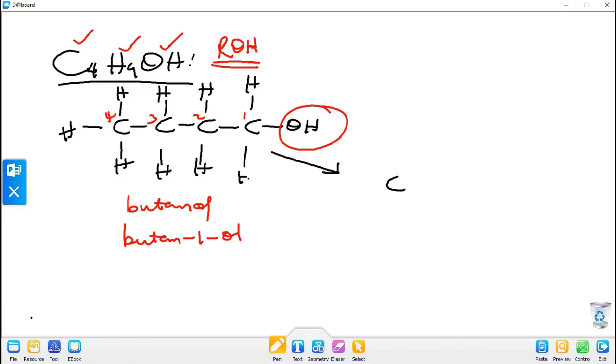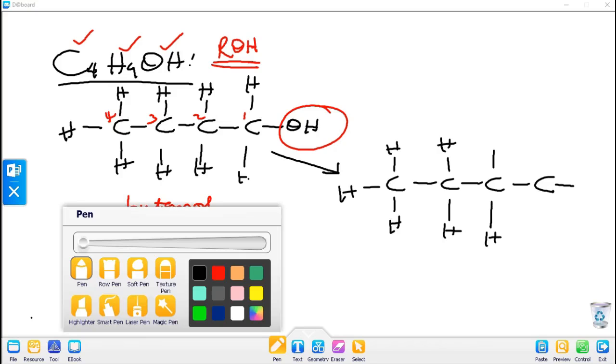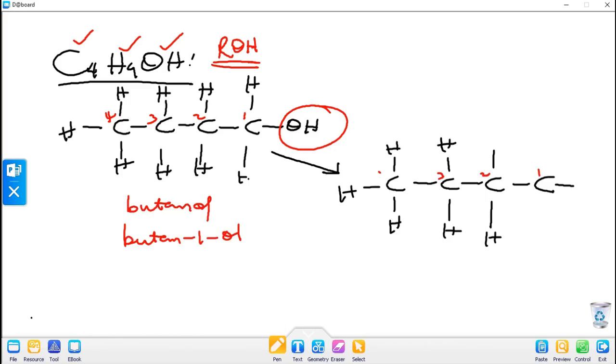So this is C, C, C, C. And we have H, H, H, H, H. Now, instead of having OH here, we want to replace the H for this carbon 2. Let's place our numbering still the way it is, 2, 3, 4.